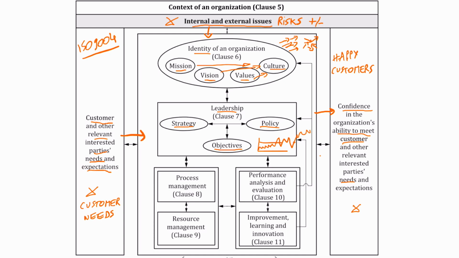This is really something that's very important, and this analysis is performance analysis and evaluation, how to get the data to look at all these metrics and see if we're doing fine or not. And if we're not doing fine, then how to improve. Learn and innovate, but really the big keyword here is improvement.